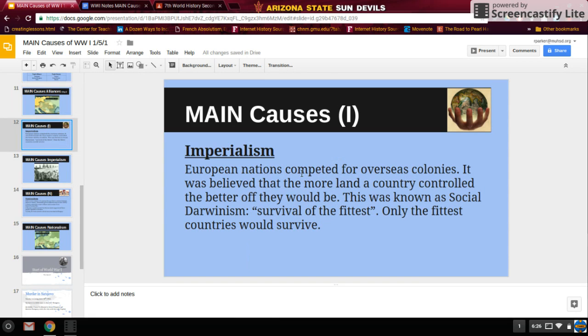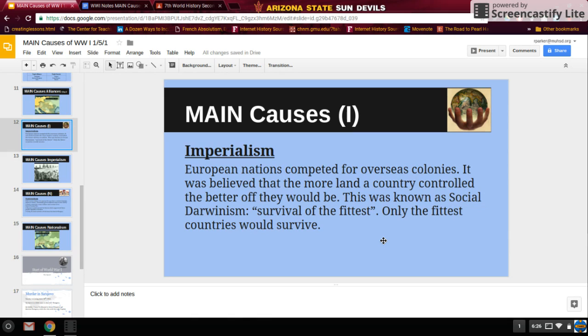Our third cause, our I in main causes, is imperialism. And we talked a lot about imperialism before break, and it had a lot to do with World War I because if you remember, the European countries were trying to get the most colonies they could.